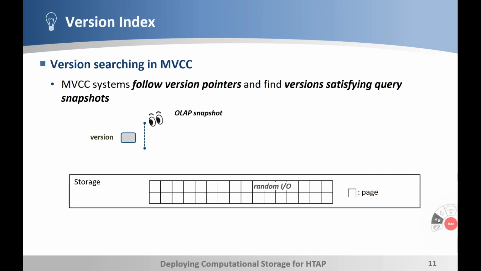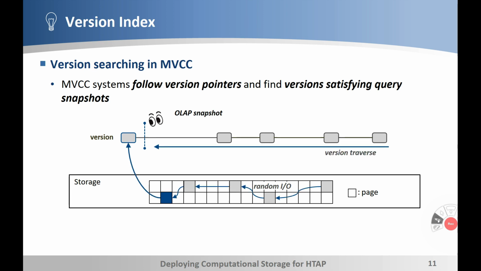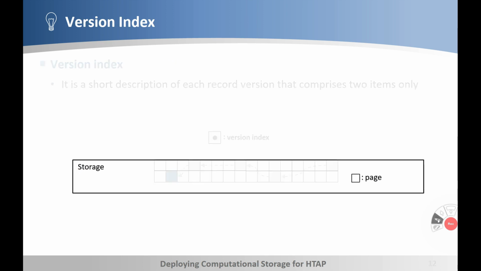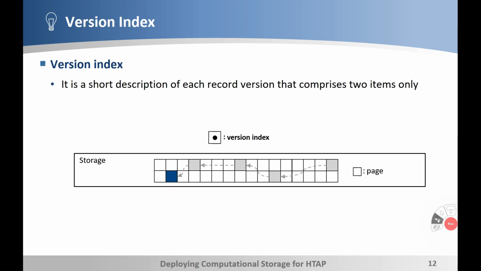In traditional MVCC, every likely version has a version pointer. To find visible versions, MVCC systems follow version pointers and find versions satisfying query snapshots, and this causes a series of randomness. To avoid running costly version traversal, we introduce version indexes and use them for version search instead of traditional version pointers.